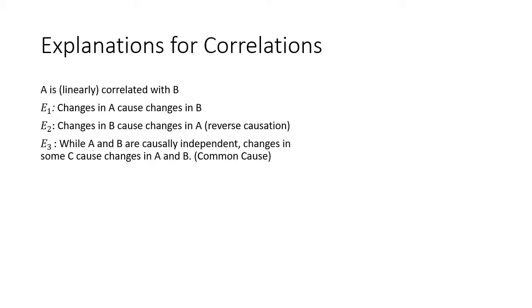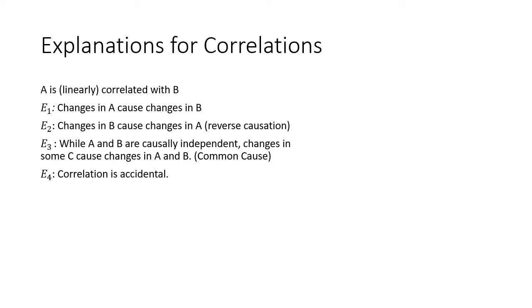A third possibility is that A and B are actually causally independent, that changes in A or changes in B aren't causing each other to change, but there's some hidden variable that's causing the changes in both, right? That there's a variable that we would refer to as a common cause that's causing the changes in both A and B. And then finally, I'll just throw this in here.